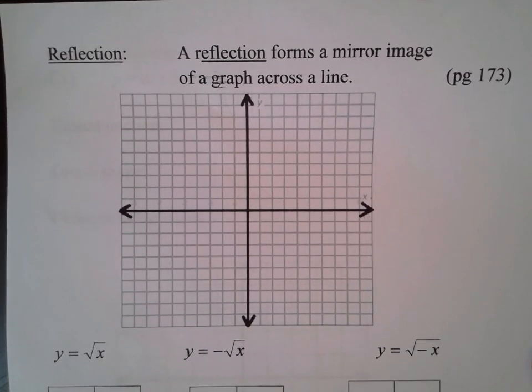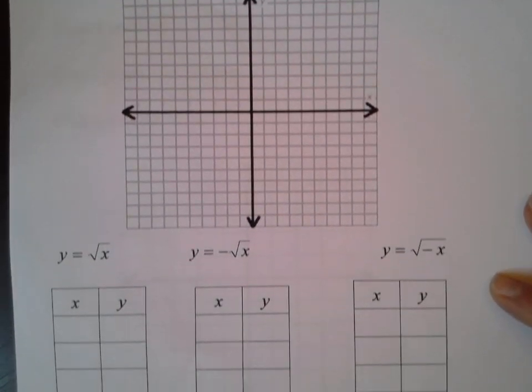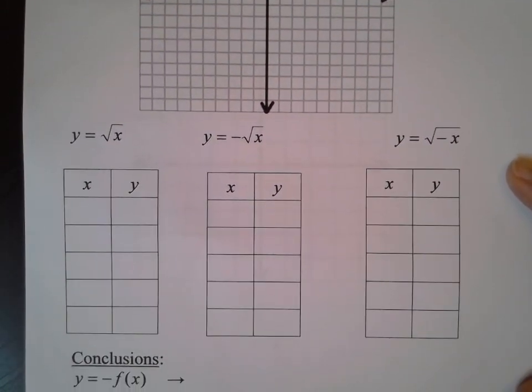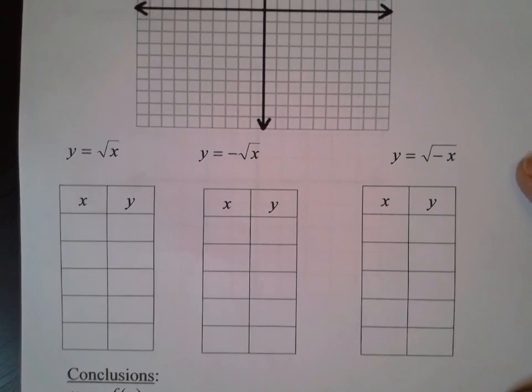Okay, so I want to do the same kind of analysis here. I want to graph 3 graphs together so you can see how this reflection happens. I like to demonstrate the reflection with the square root of x graph, because I think that one makes a really nice picture and it gives you a really good idea of what is happening.